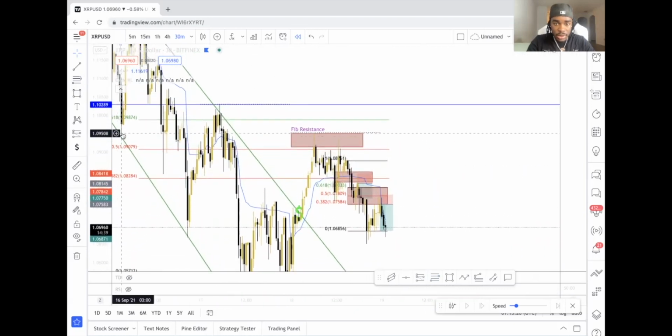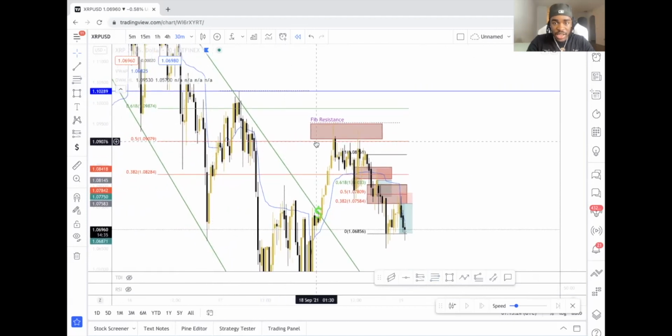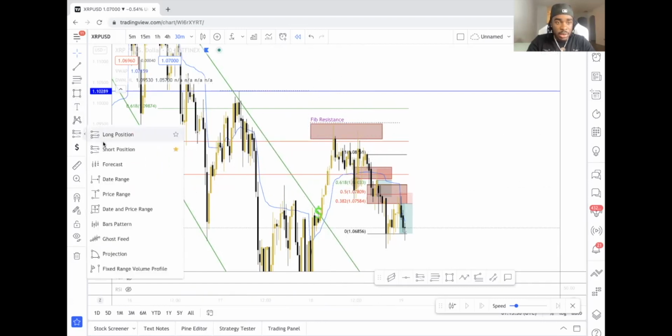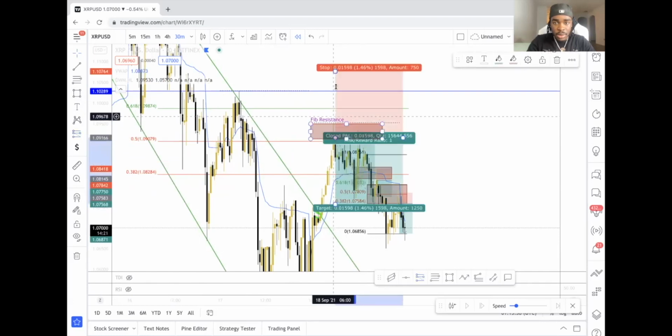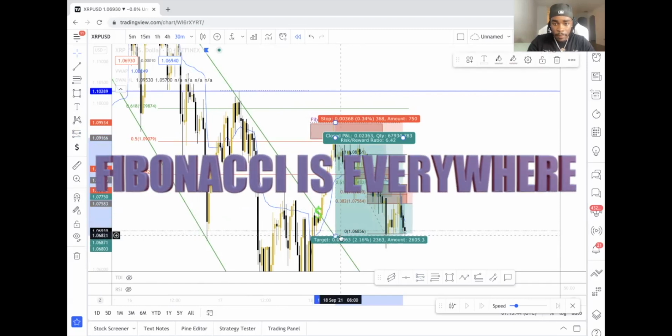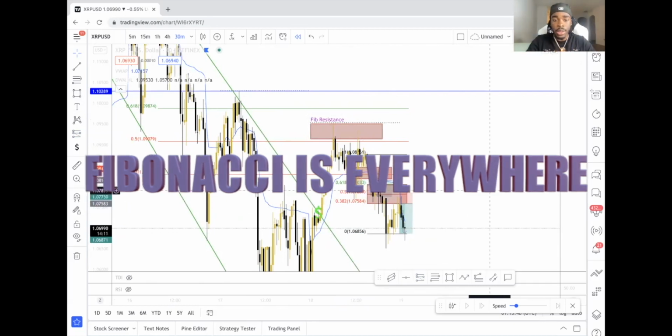My goodness. Retraced right at the 50 level. That's another reason why I call it fib resistance. Come on, y'all. And it started to sell off. If you didn't get that fib, you could have caught this whole thing just knowing Fibonacci, guys, or taking those multiple trades in there, however you want to go about it.